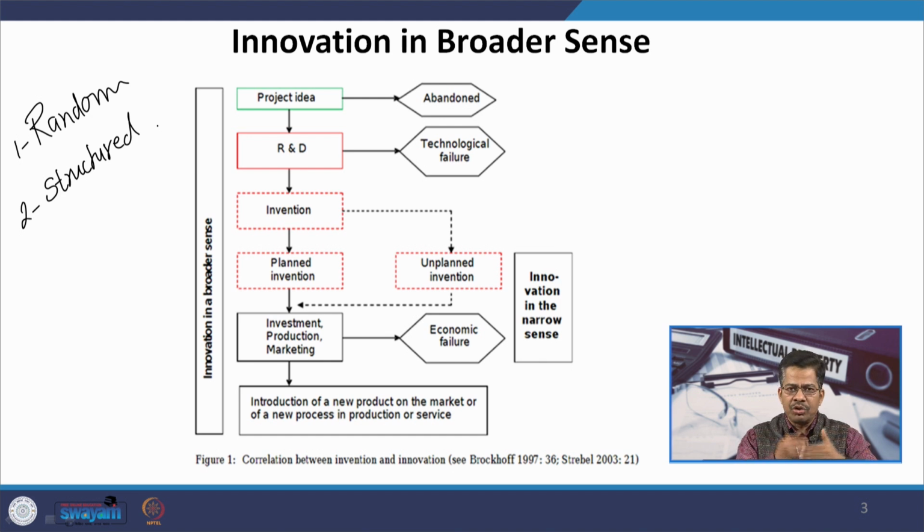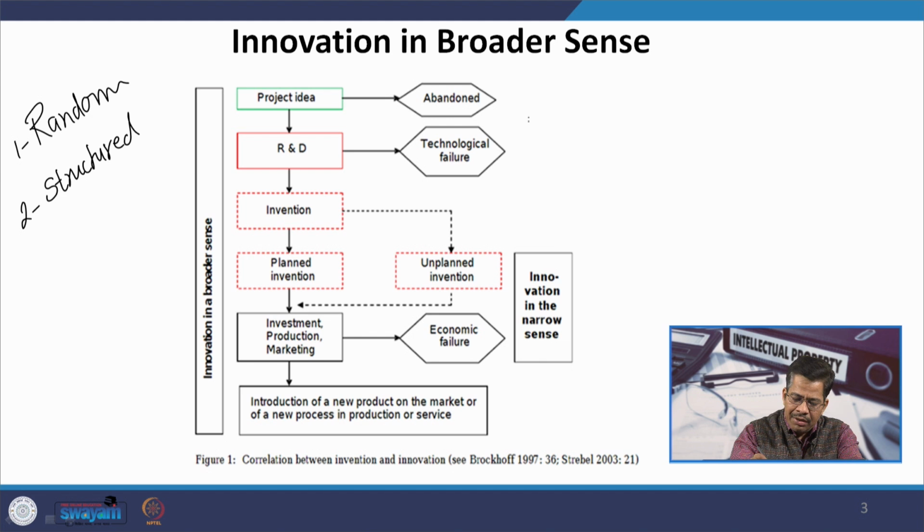If you solve those technological problems, then you go to the lab level where you do implementation, and there will be some planned inventions, there may be some unplanned inventions, and finally, combining these planned and unplanned inventions, we go for scalable activities, impact out of this invention.